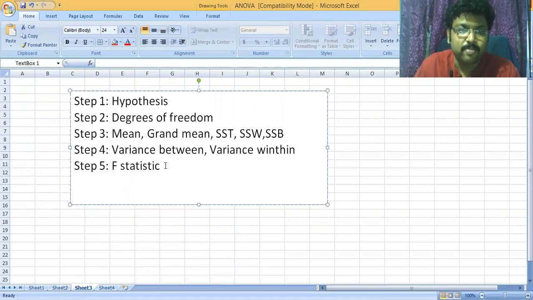Now in step 4, we have to calculate the variance between and variance within. Here the degrees of freedom is considered.